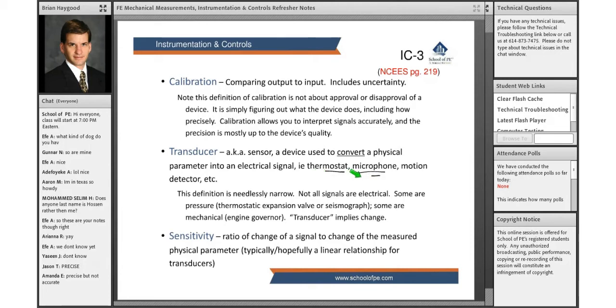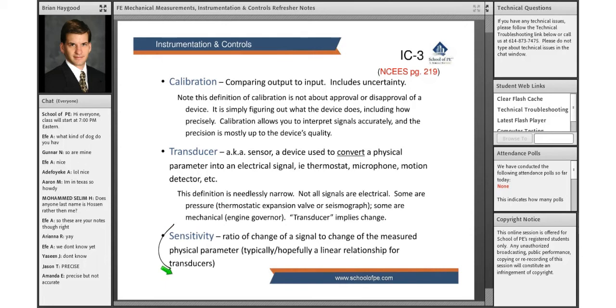A microphone turns sound pressure into electrical signals, etc. I've written here that this definition is needlessly narrow because not all signals are electrical. Built into their definition is the word electrical. But quite a few of them are, so that's the subset of the world we're going to talk about: one in which signals are electrical.